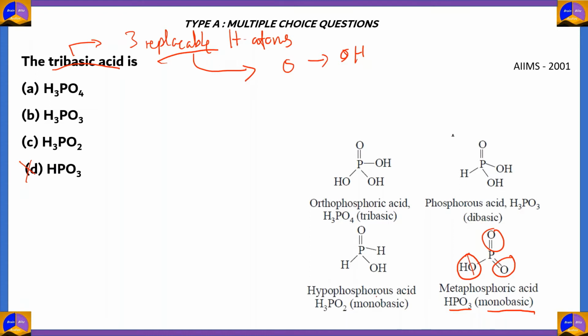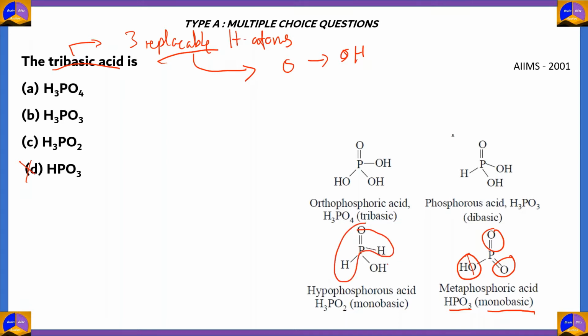When it comes to option C, hypophosphorus acid, you see that there are 3 hydrogens present, but 2 of them are bound directly to the phosphorus, and one oxygen atom is also directly bound to phosphorus. These are difficult to break.